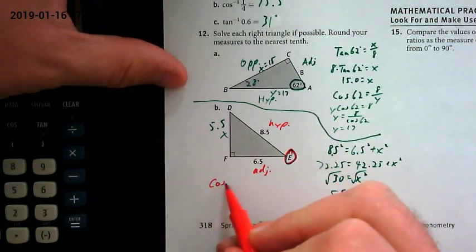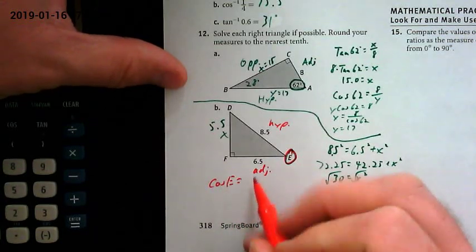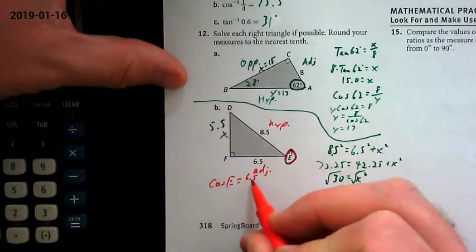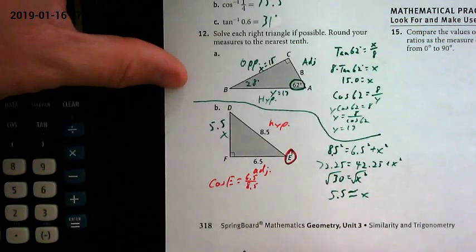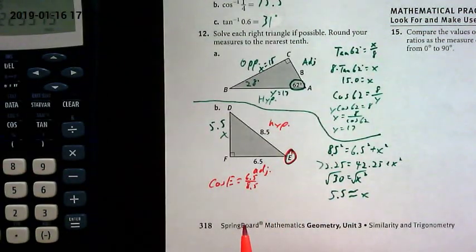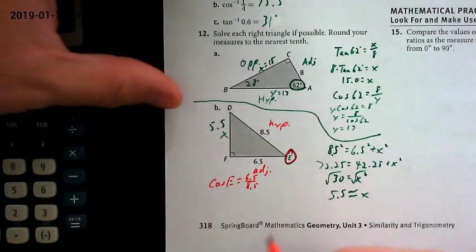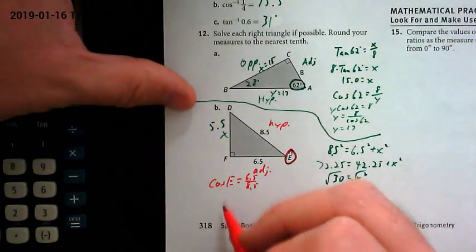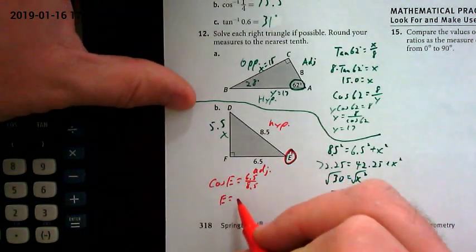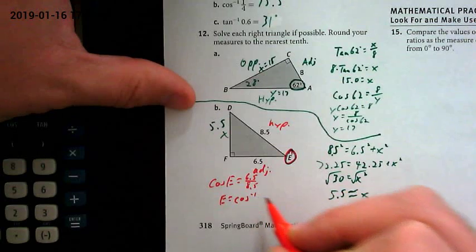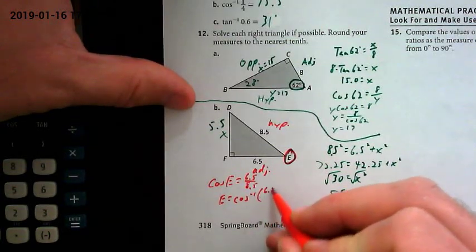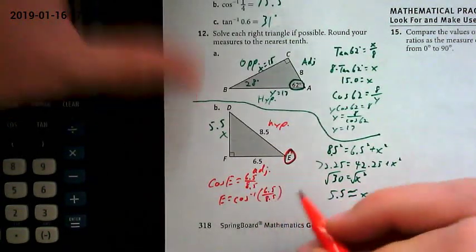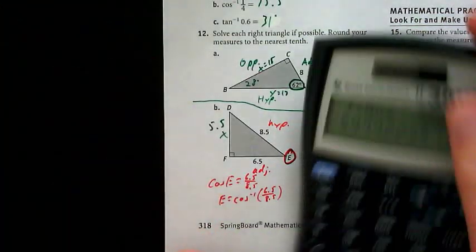So cosine of E equals 6.5 over 8.5. When we solve for an angle measure, that's where we have to do the degree symbol. Right? So we're going to get a degree because we're doing an inverse operation. So you're going to do the inverse cosine on this one, 6.5 over 8.5. So again, plug that into your calculator.